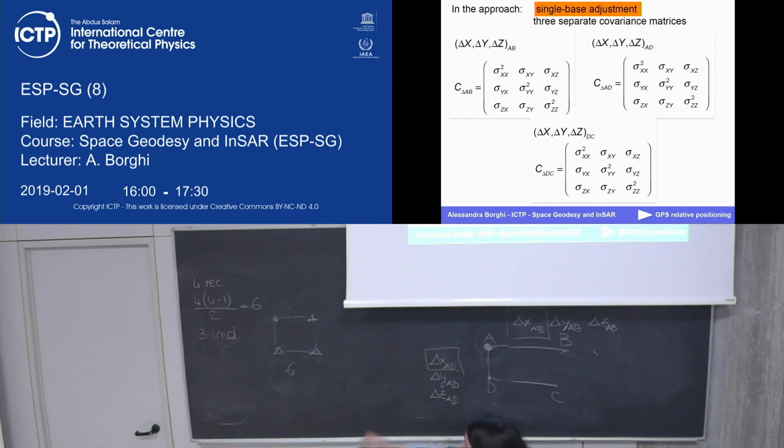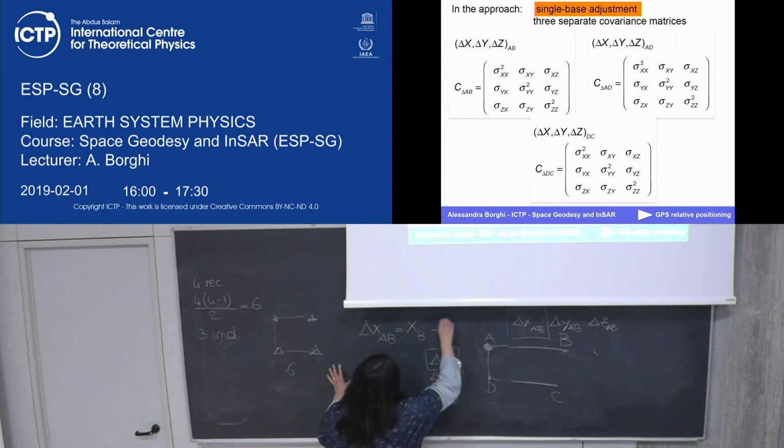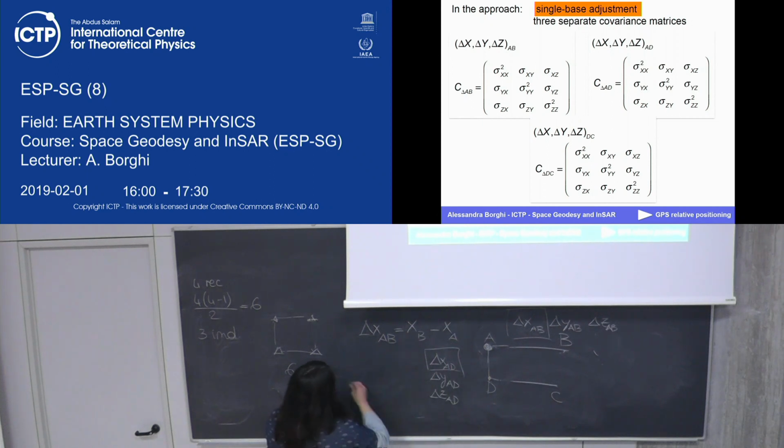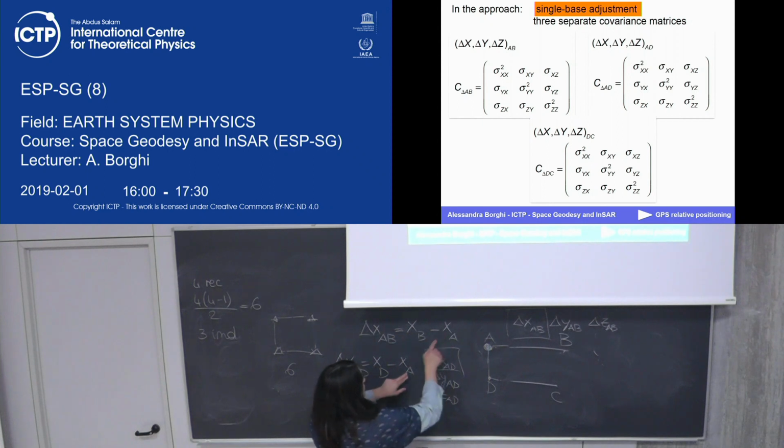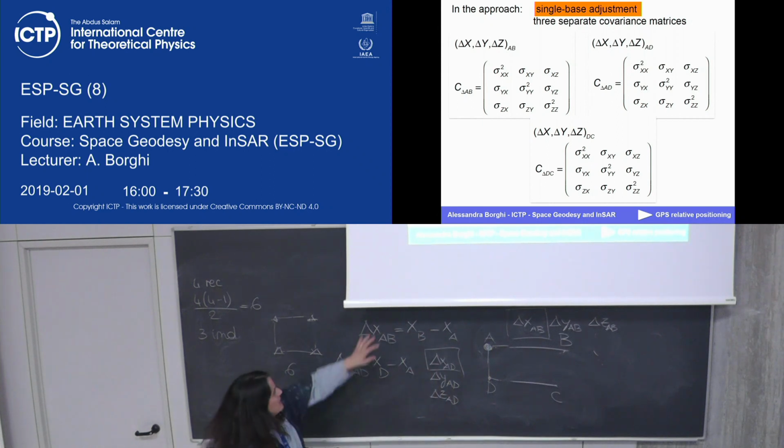So we process a baseline, we process another independent baseline, and when I write this component, it means that it is xb minus xa, and the same for this relationship. So we have the quantities that we want to estimate in two equations. This is a value that we have estimated.